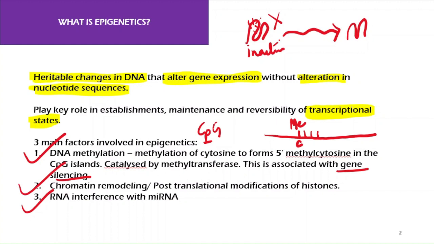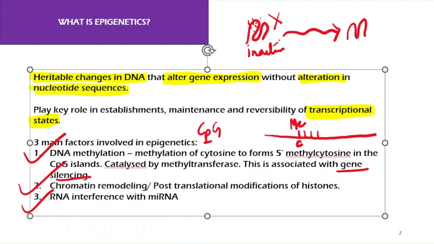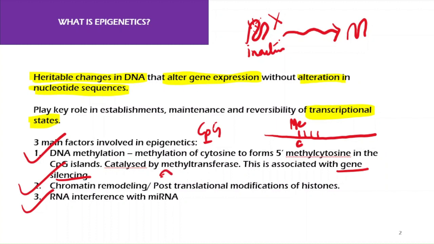DNA methylation, since it is methylation, is catalyzed by methyltransferase enzyme. There is a methylation of cytosine that forms 5-methylcytosine in the CpG islands that plays a role in gene expression. So it particularly inactivates transcription.